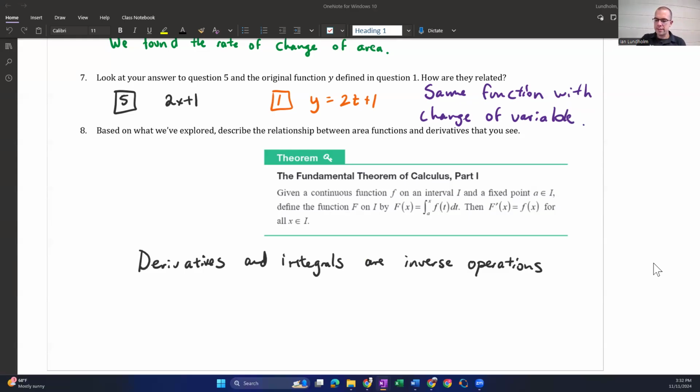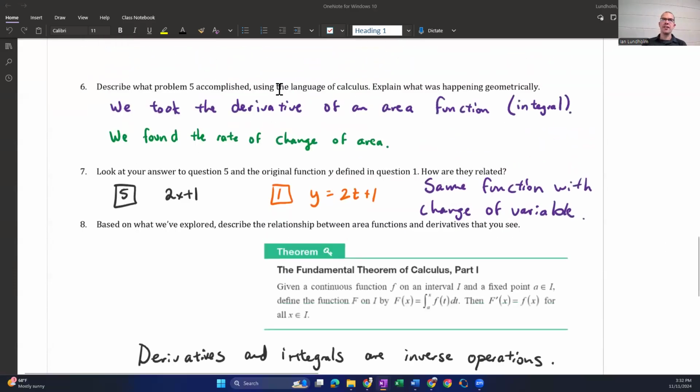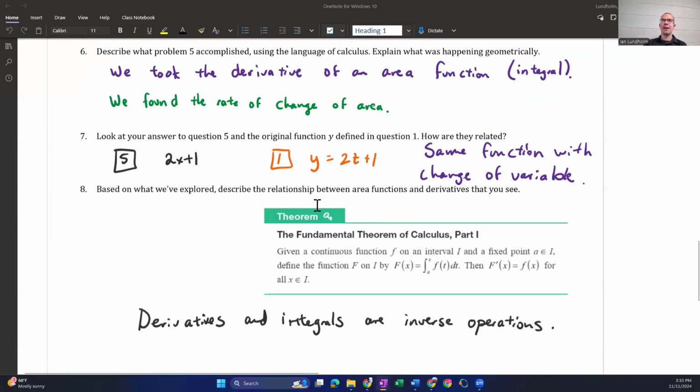That's putting it simply, but I think that's what we saw here. When we take the derivative of an area function, we get the same function with a change of variable.